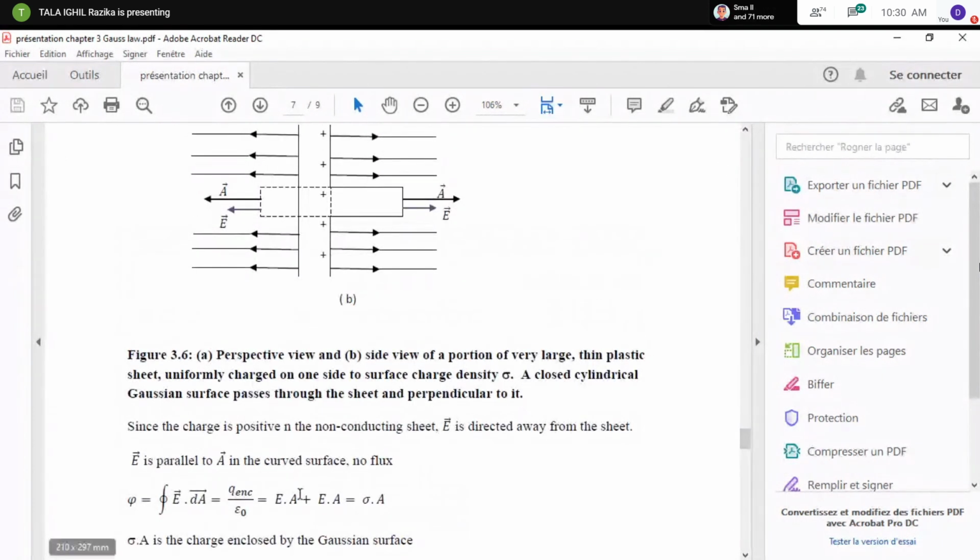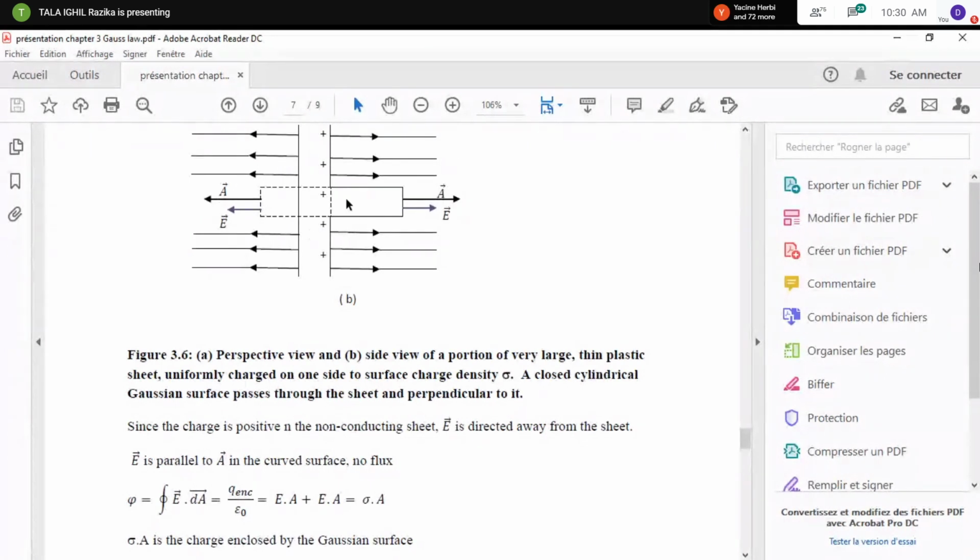Yes, for your question, Miss Tizeri, why we take a cylinder as a Gaussian surface for sheets. We take a cylinder because we must take a closed surface. If you take something plain, it doesn't work. And why a cylinder? Because a cylinder has caps and a lateral side. If you take a sphere, for example, there is no symmetry.